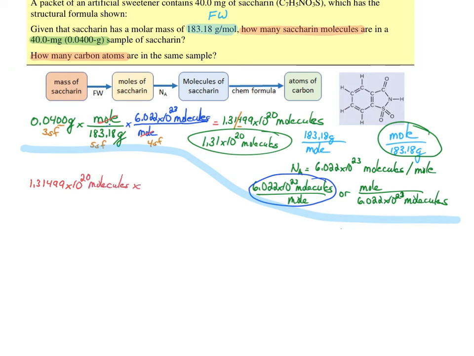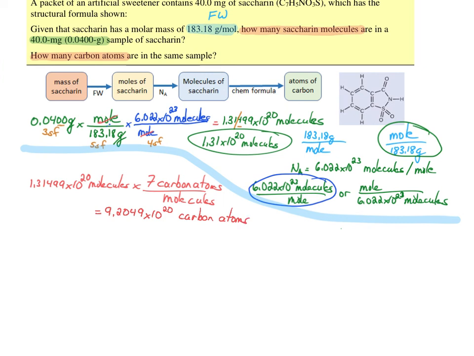And we're going to multiply that by 7 carbon atoms per molecule. And that's what we get from our chemical formula. If we multiply those two numbers together, the answer I get is 9.2049 times 10 to the 20th carbon atoms.